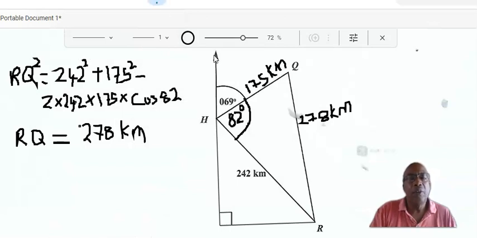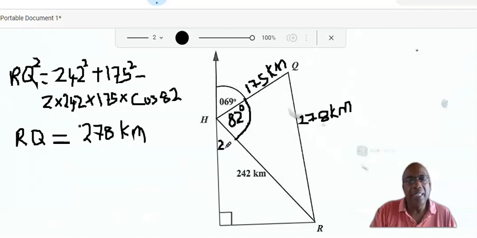So therefore, this angle here is 29 degrees. And we have to find the distance south. So we have to find this length here. Let us name that point here, let's say S. So if we name this S, then we have to find HS.